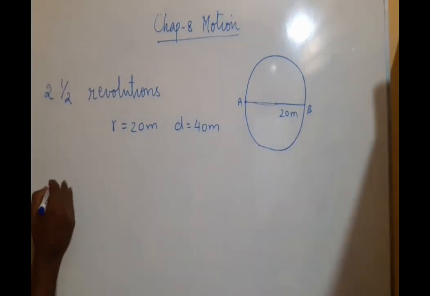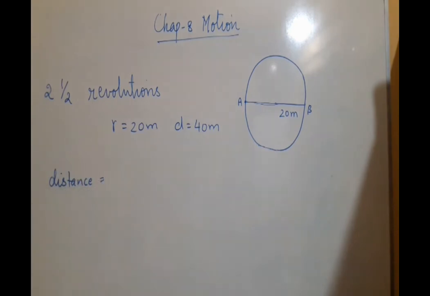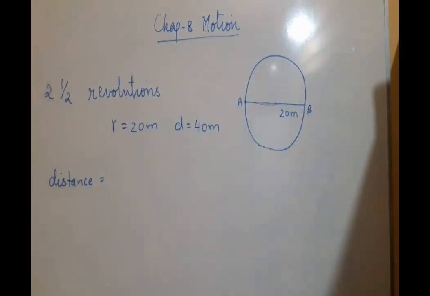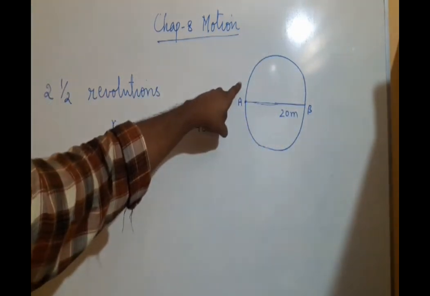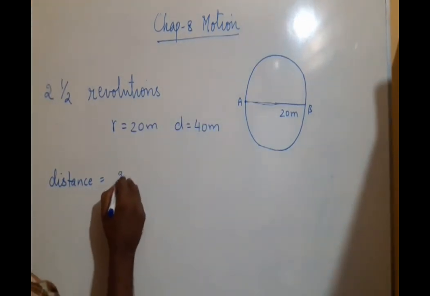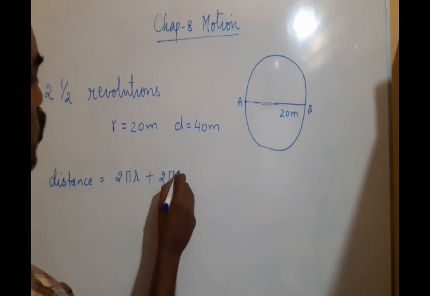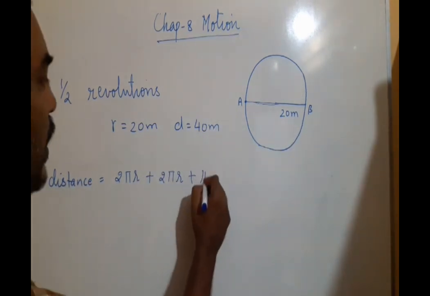To find the total distance he travels, we should know the circumference of the circle. The formula for the circumference is 2 pi r. So the first circle is 2 pi r, the second circle is again 2 pi r, but then only half the circle is pi r.